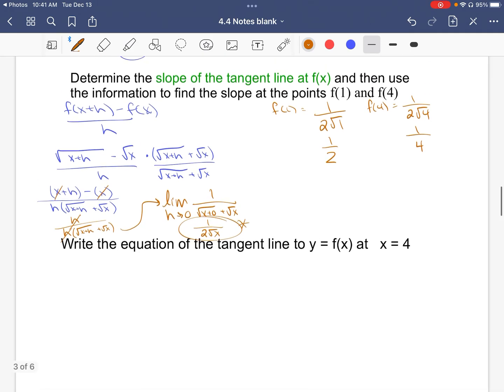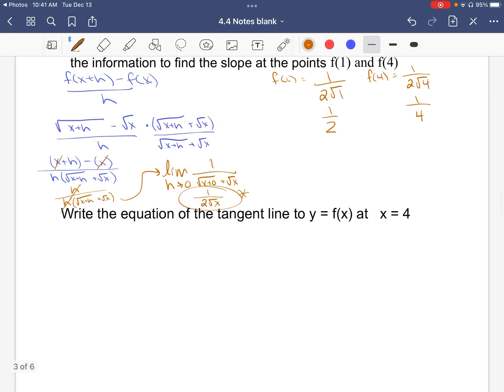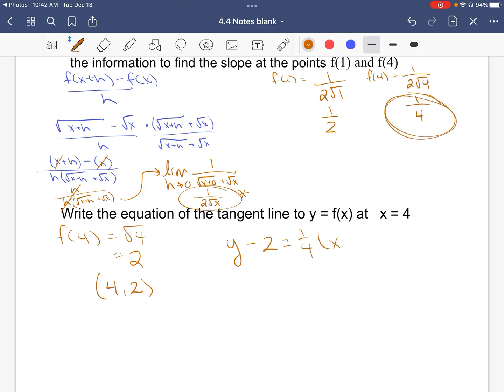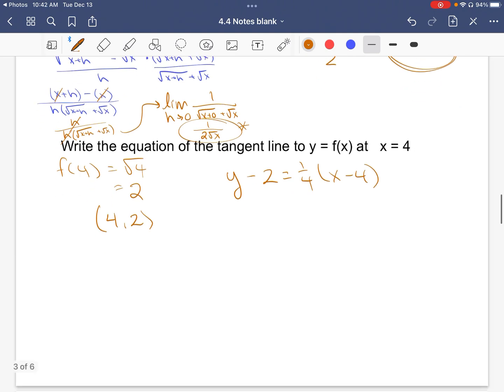So our y coordinate, if we plug it into our equation, f of 4 is equal to the square root of 4, so that's 2. Our point is 4, 2. So y minus our y coordinate equals our slope at 4, which we found up here, times x minus our x coordinate. Again, if you have a favorite form, choose to do it that way.